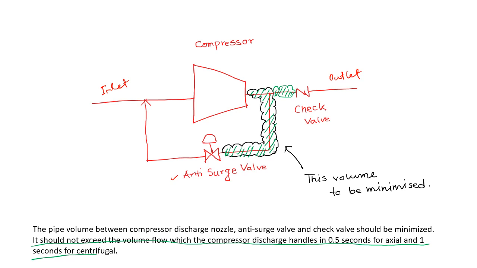So if the compressor handles 40 cubic meters per second, then for an axial compressor the maximum volume of this green shaded area should be 20 m cube. This is for an axial compressor, and it is 40 m cube for a centrifugal compressor. So this is a real point that API 670 guides.